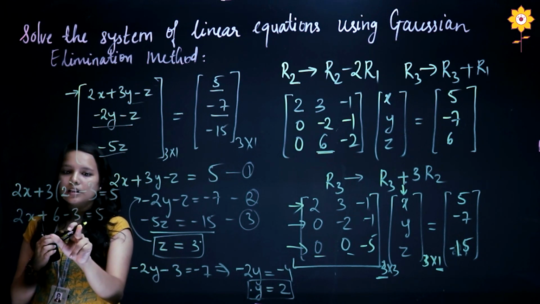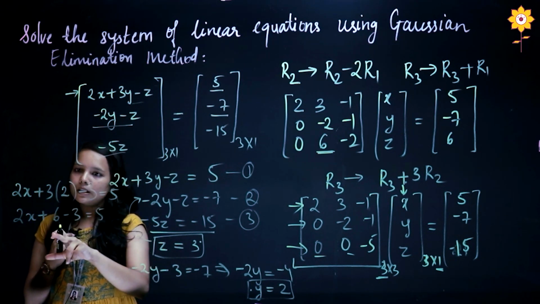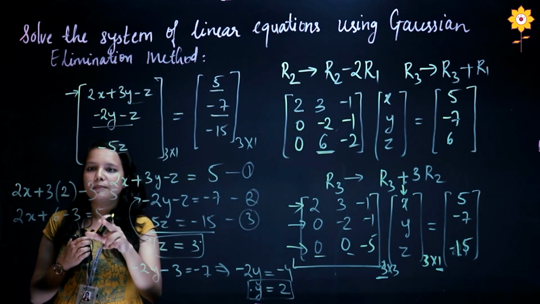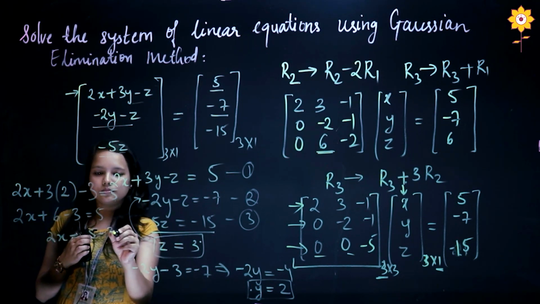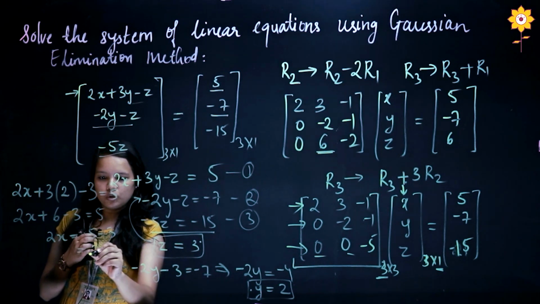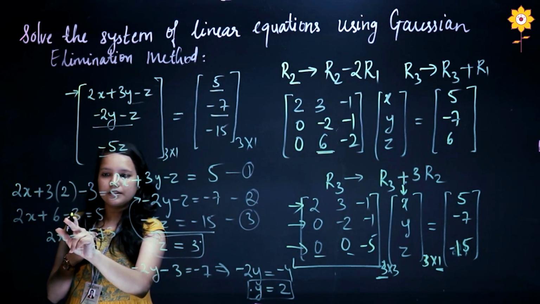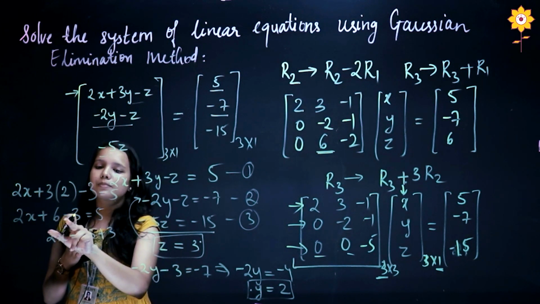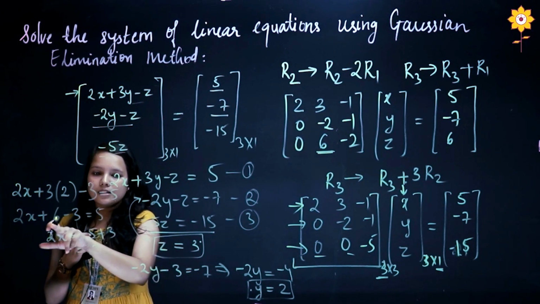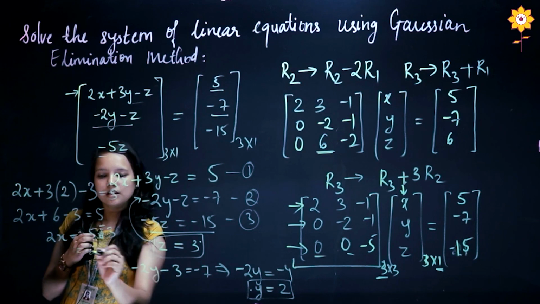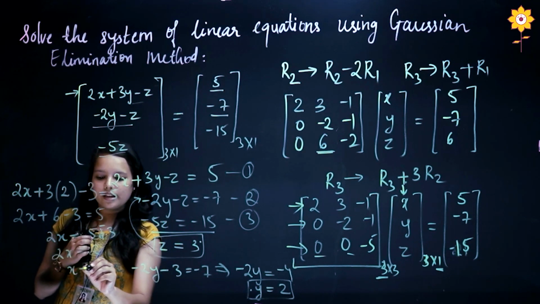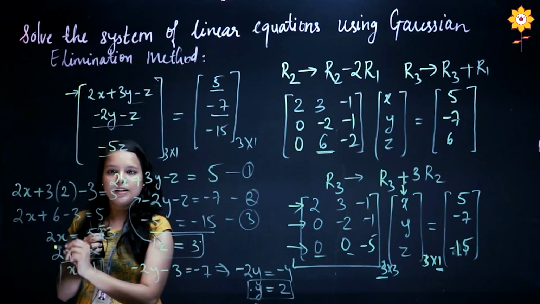So 6 minus 3 is plus 3. That plus 3 we are going to take to the other side, so it will be minus 3. So we will get 5 minus 3, which is 2. So the value for x is 1.